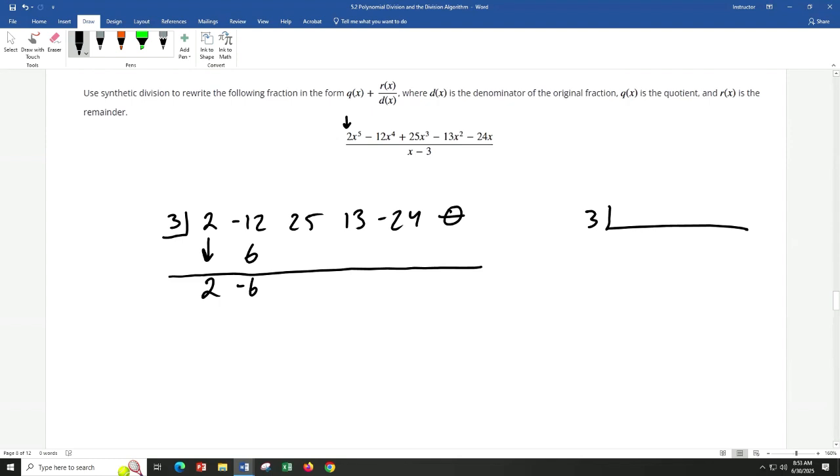And then you multiply the diagonal again. Negative 6 times 3 is going to give me negative 18. 25 minus 18 is going to give me 7. 7 times 3 is going to give me 21. That's going to give me what? 8, exactly. Oop, I didn't put the negative in. 8 times 3?